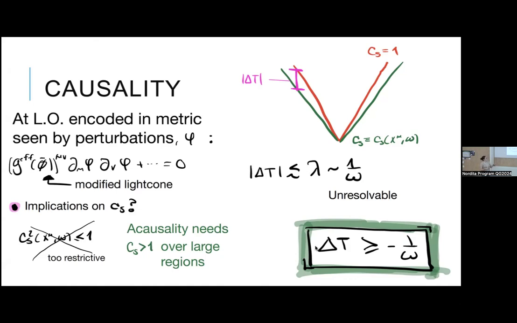So in fact, our constraint for what is causal is that the time delay should not be too negative. If it's slightly negative, of order 1 over omega, that is okay. That doesn't mean that you're propagating faster than light. It's just a small amount that is not measurable. That is why you need acausality for large regions, so that it integrates to an amount that you can actually measure.